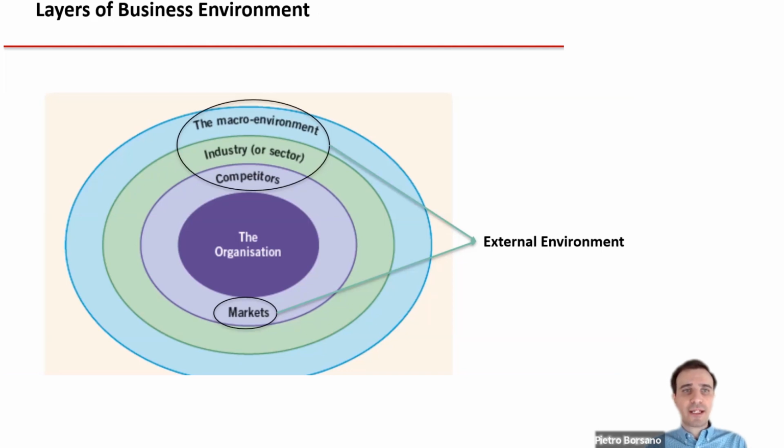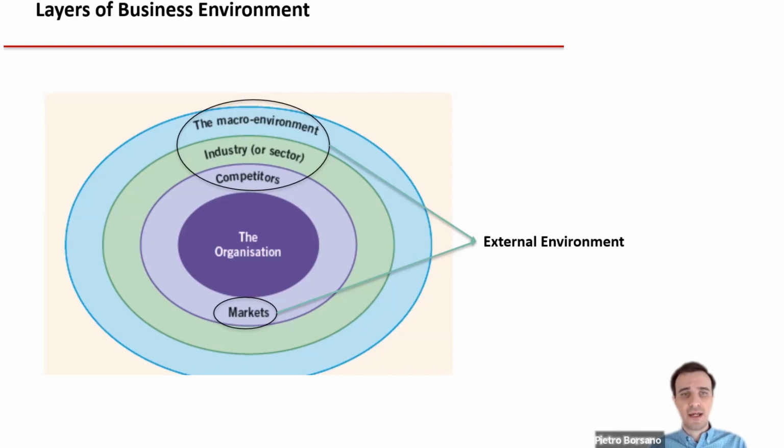Okay, so what we can see here are the different layers of a business environment. At the core, there is our organization, our company. And then on the external layers, we have the macro environment. The macro environment is the focus of this video lecture. Then the industry or sector, sometimes you will also hear vertical.